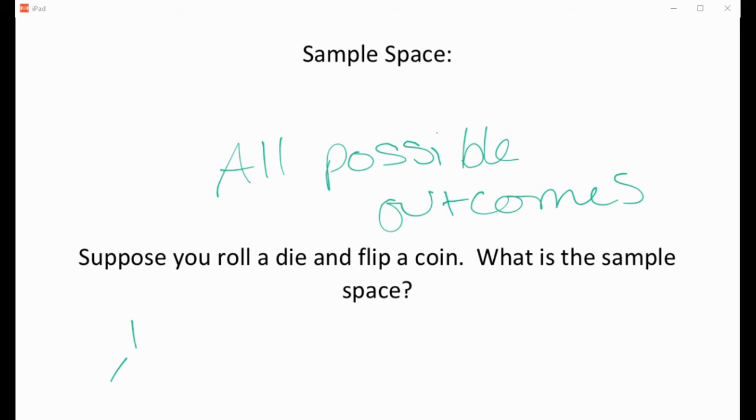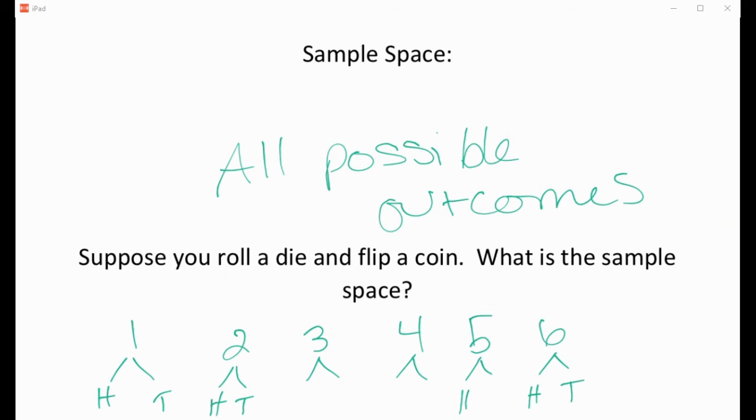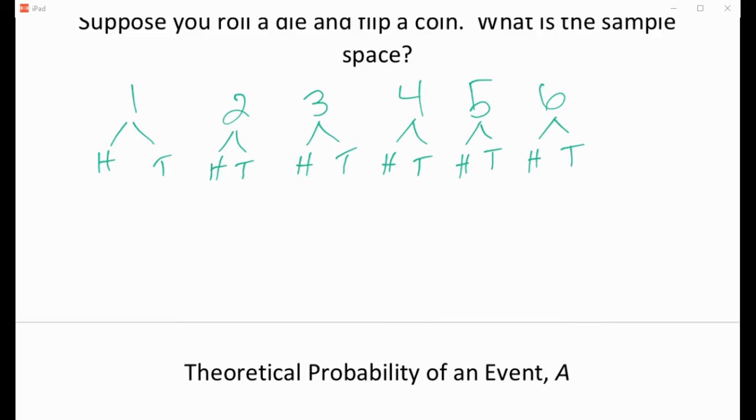Well, you could get a 1 with heads or tails, a 2 with heads or tails, and all the way down to 6. So there's 12 different things that could happen. You could do this with a table. This is a tree diagram, but that's all the different possible things that could happen.